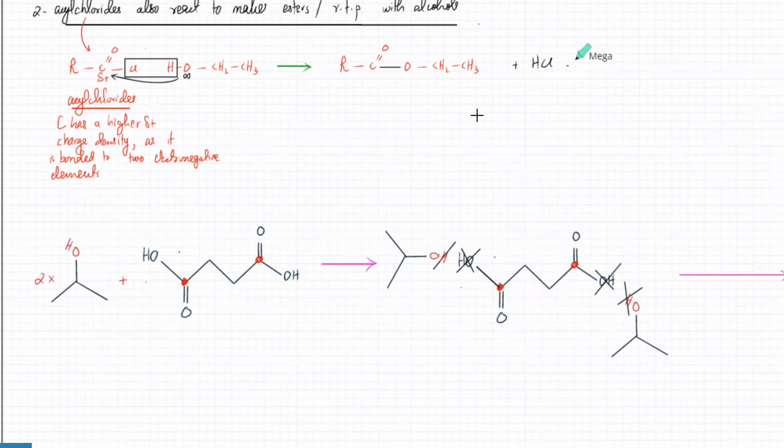If I repeat this reaction, instead of the carboxylic acid, I'm going to have Cl in its place. That's the only major difference. And instead of the OH getting knocked out, I'll have Cl getting knocked out.